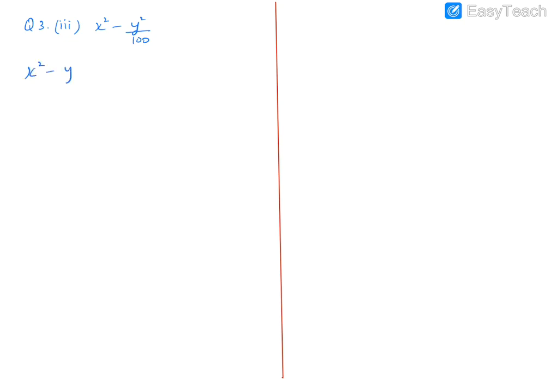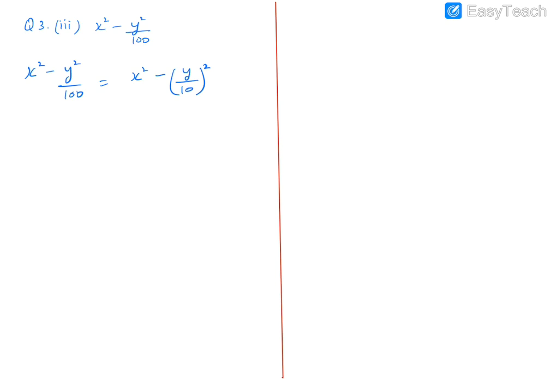We can write this as x square minus y square by 100 can be written as x square minus y by 10 the whole square, right? So y over 10 the whole square is y square divided by 100. When we square y, we'll get y squared, and when we square 10, we'll get 100.